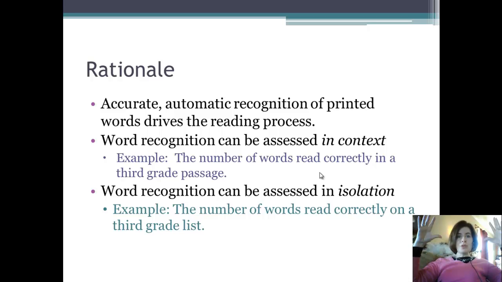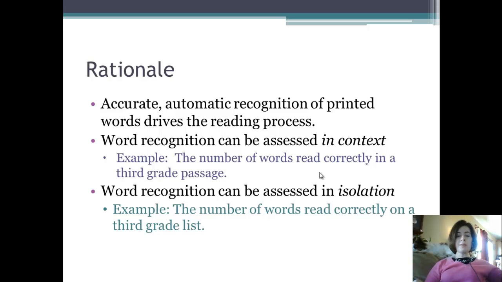After a while, as the students become more automatic in their word recognition skills, that shrinks, and instead we have increased mental capacity to devote to comprehension.